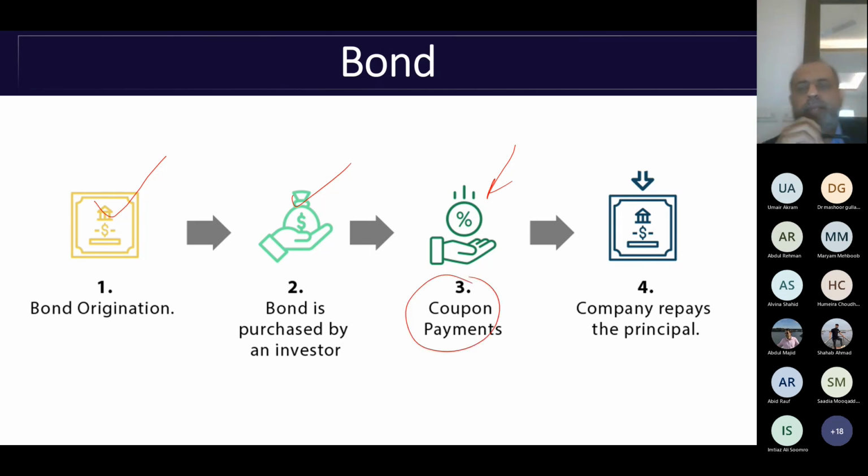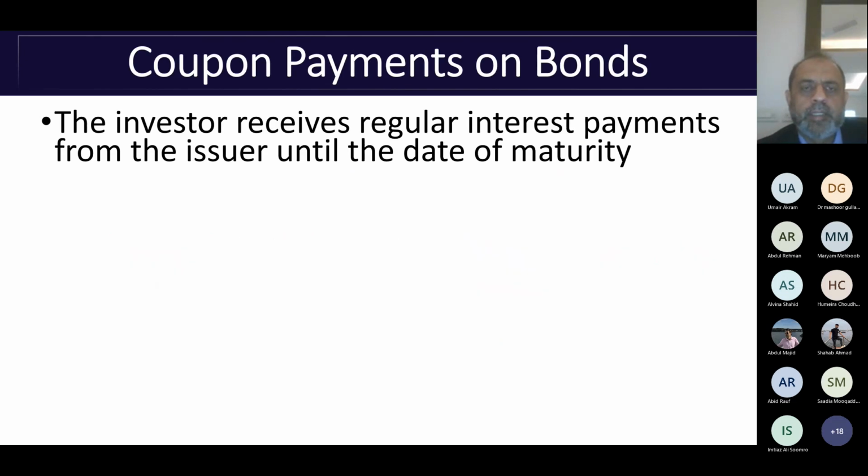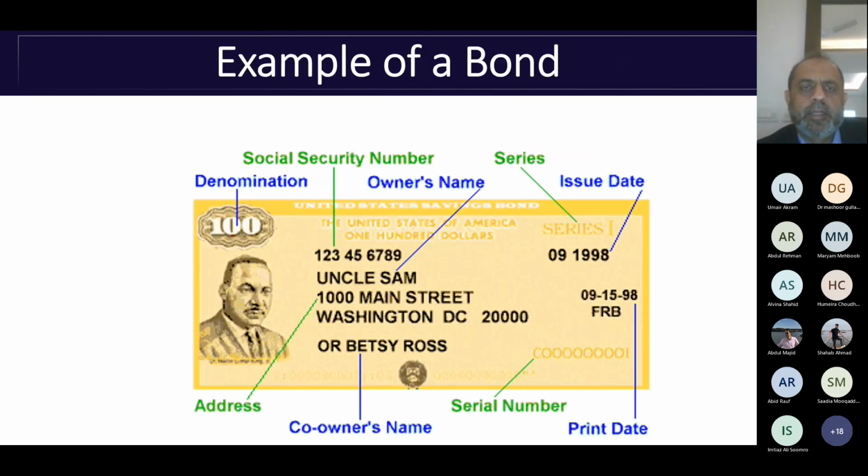So you get paid, and then the company repays the principal. You get back, if it is a 5 year or 10 year maturity, depending upon the project, and then you redeem your bond and get your money back. If it is trading hands, the last person who has it after its redemption date can go and reclaim his money.